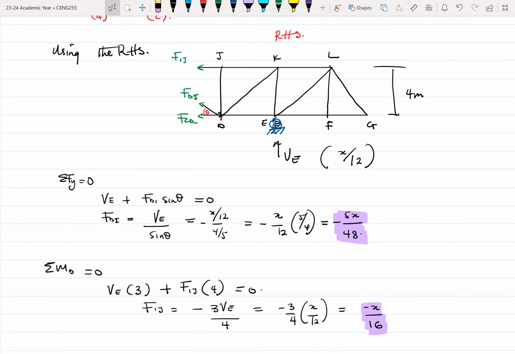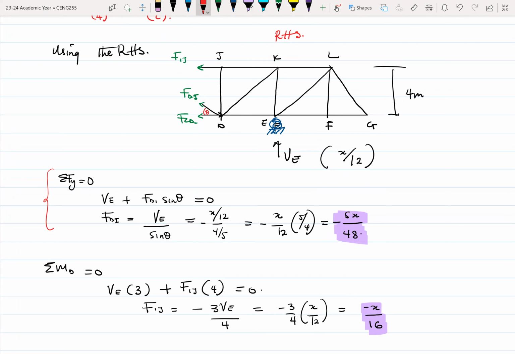Okay. So here in this space here, I'm summing vertical forces, right? You can see VE, that is one, FIJ, FDI, and FCD. If you add them all up, these are four forces, including the vertical reaction at E. All right. FIJ is horizontal. FCD is also horizontal.